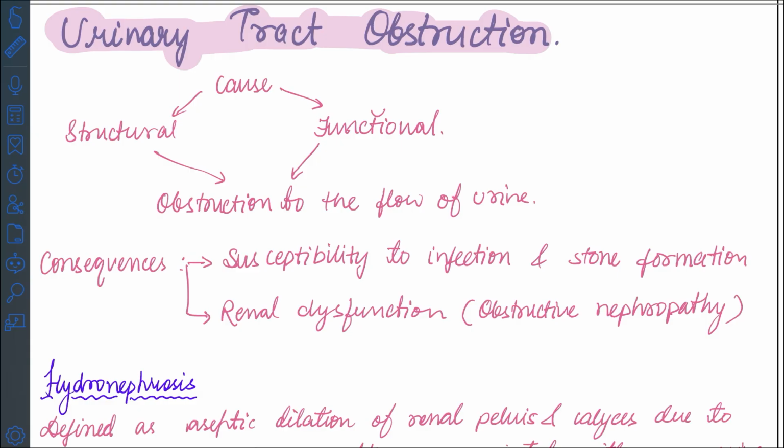The susceptibility to infection increases rapidly, as urine is obstructed in the pathway and is not coming out of the body. It will ultimately invite bacteria in there, increasing its susceptibility to infection. Also, there are chances of stone formation. The second, on the severe side, we can expect renal dysfunction as well, which is mostly obstructive nephropathy.